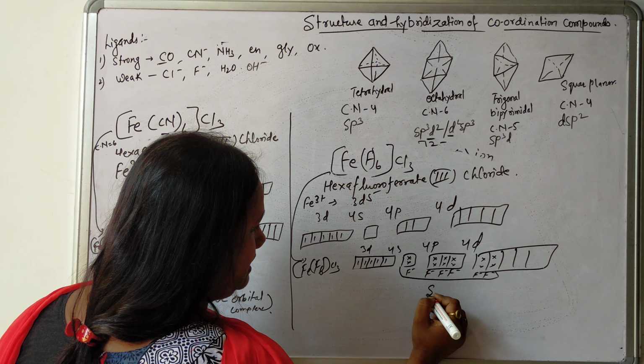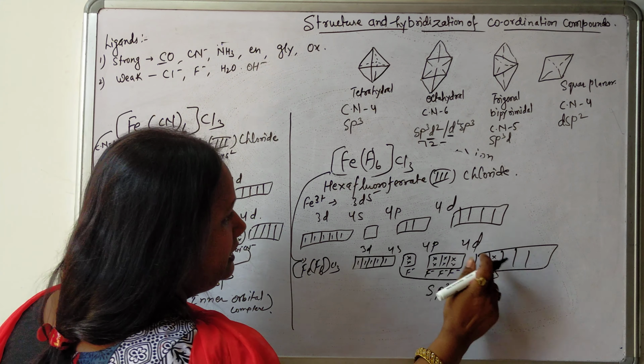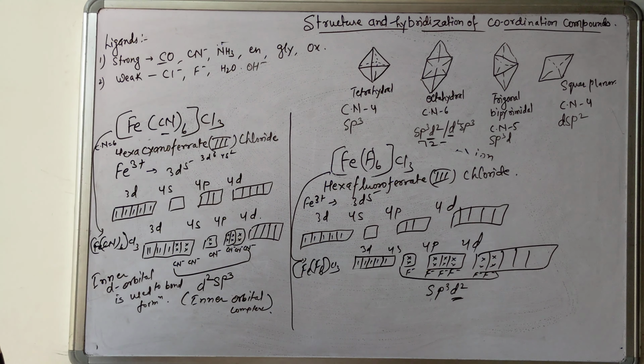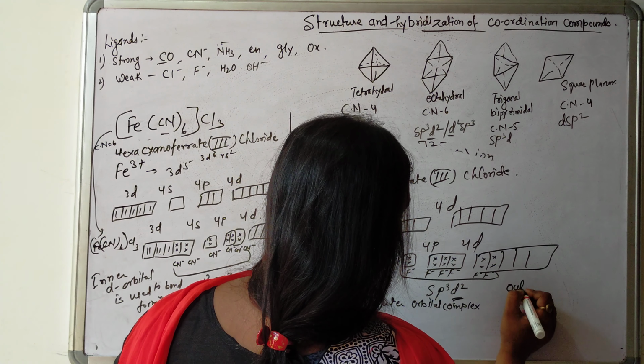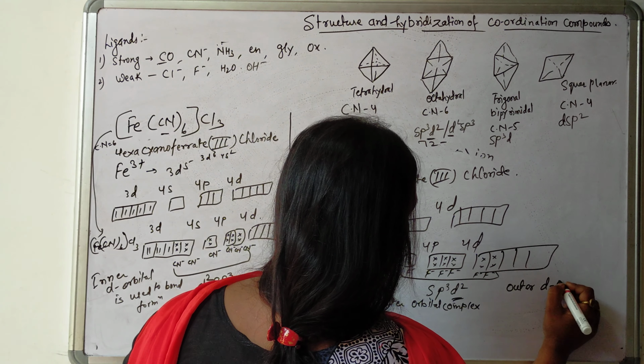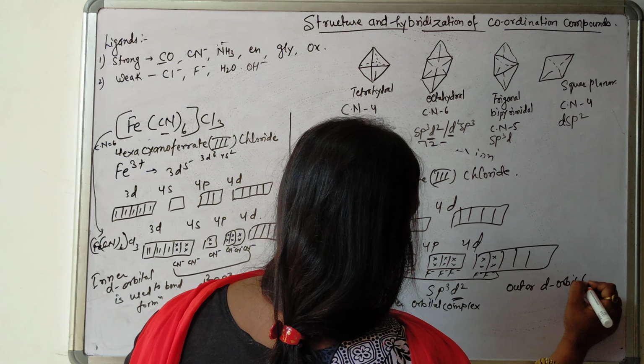Hybridization will be sp3d2. Look here. The outer d orbital is utilized in the bond formation, so it is an outer orbital complex, because the outer d orbital is used. Understood?